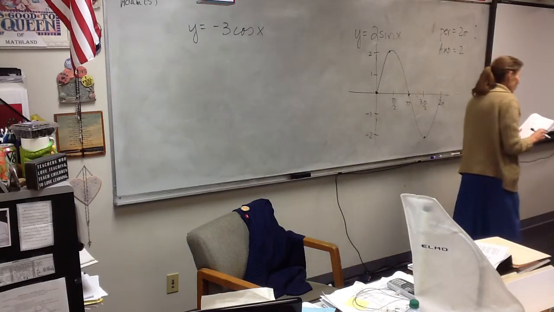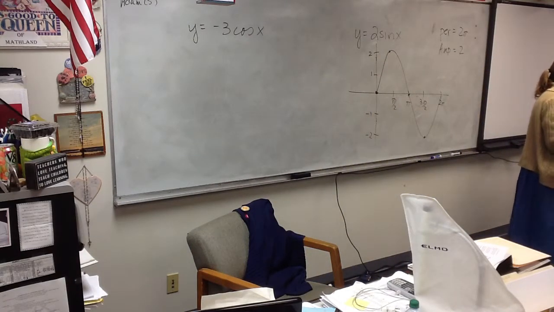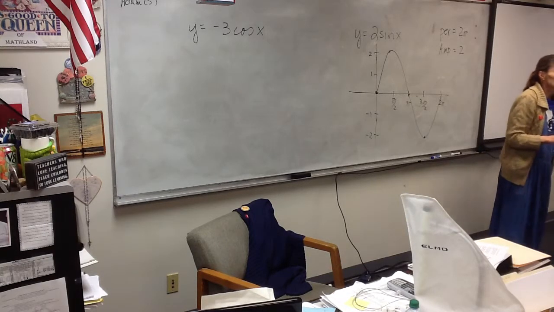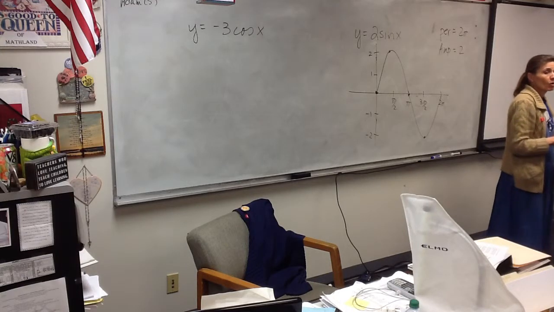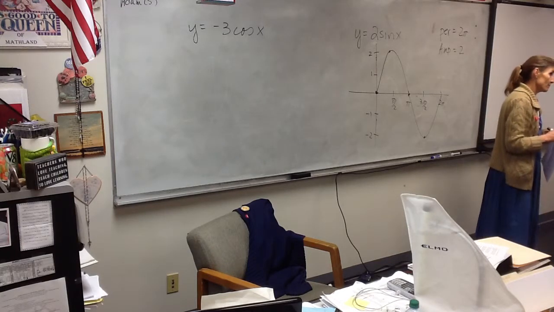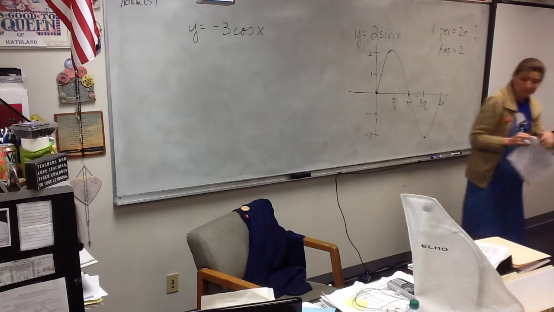Now, I got wild and wacky right off the bat here, because not only did I throw in a 3, but I threw in a negative. All right, now wait a minute.